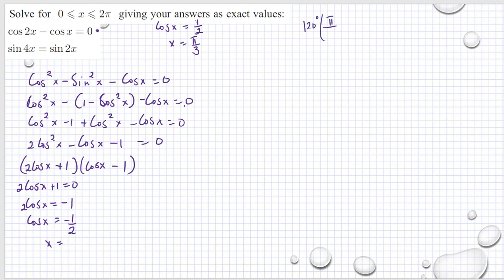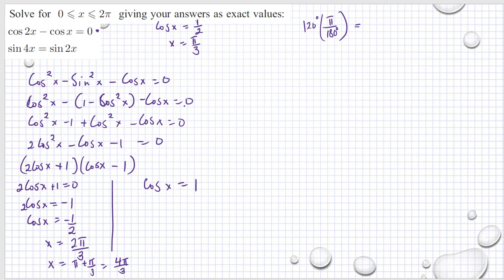So if I'm going to show here, that is 2 pi over 3. And on the third quadrant, then we have pi plus pi over 3. Then we have 3 plus 1, we have 4 pi over 3.